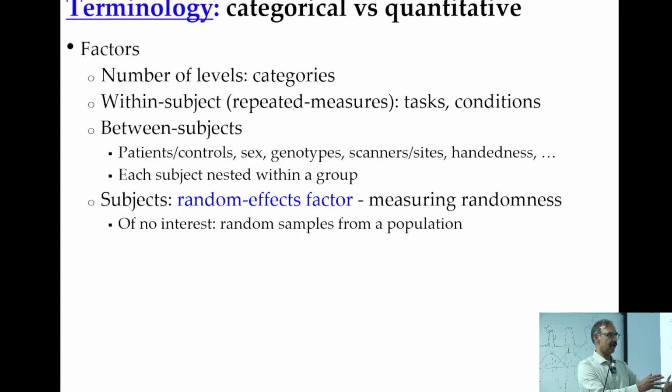And in one site, they only scan female, and in the other site, they only scan male, right? Do you think it's a good design? Do you see any problem?